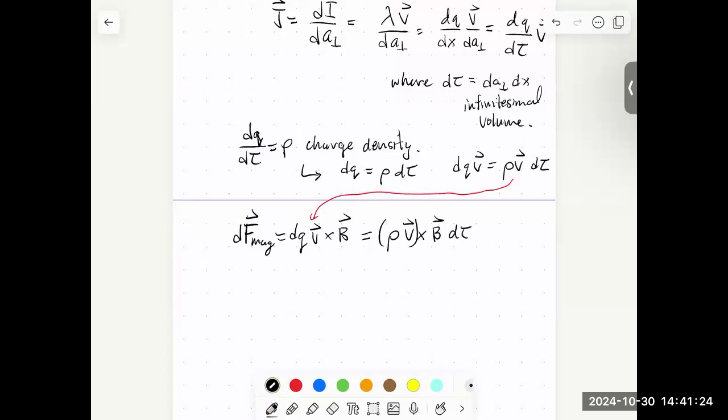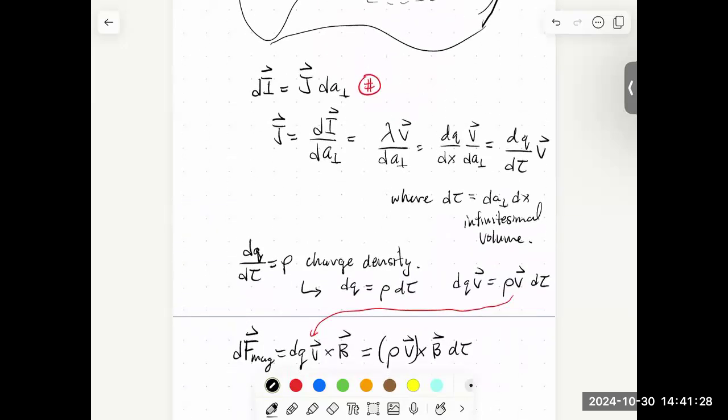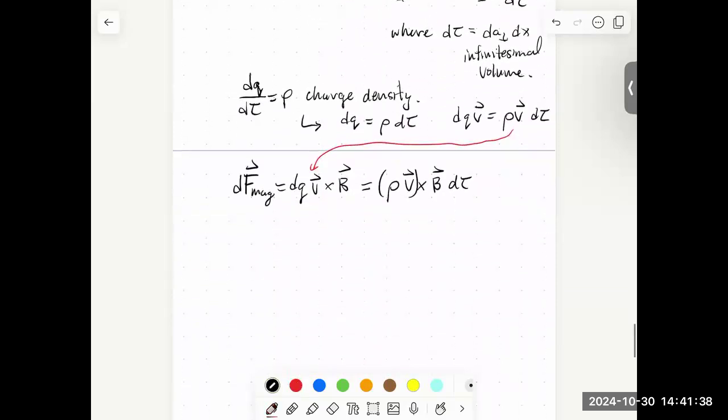But rho times v, this is rho here times v. It's just the same thing as our current density. And so this is equal to the current density J cross B dτ.